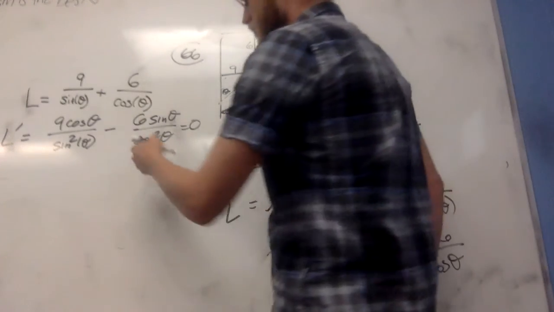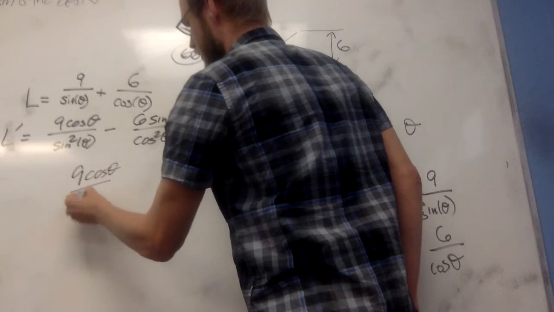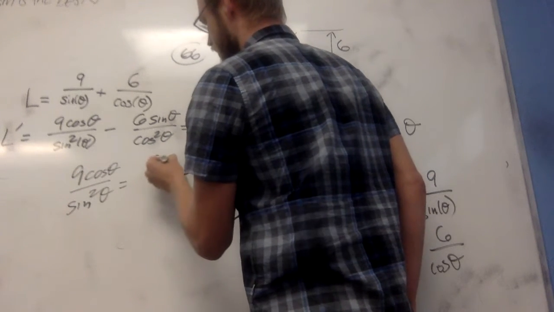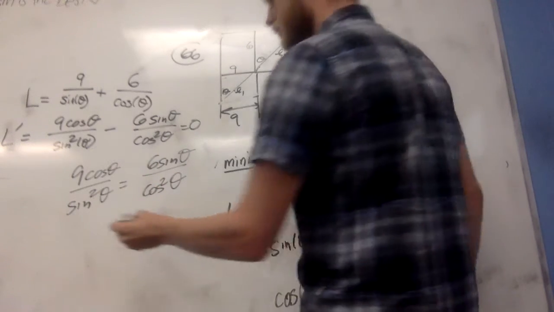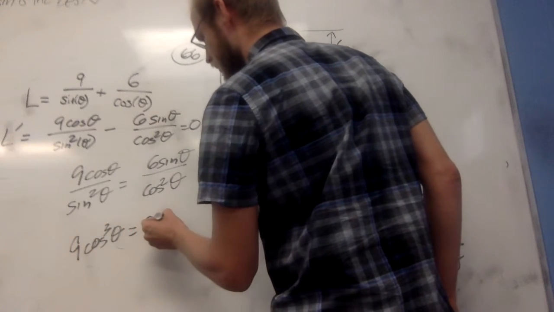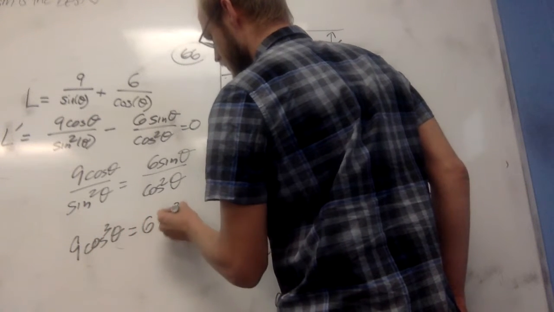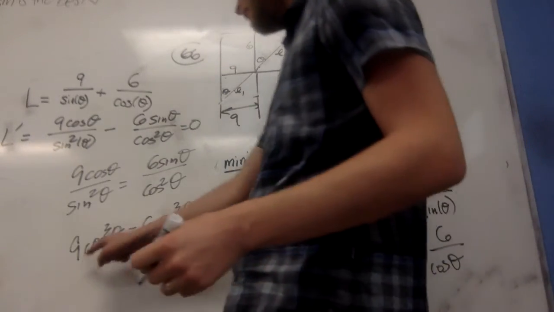So now, bring that over to the other side. We get 9 cos theta over sine squared theta equals 6 sine theta over cos squared theta. Cross multiply. So we get 9 cos cubed theta equals 6 sine cubed theta. All right, now let's divide by 6.